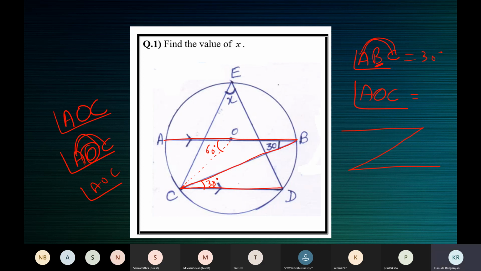BOD, because the arc is BD. So the angle has to be BOD. Can you see the angle BOD? No, ma'am. Then what should you join? OD. So we'll join OD.